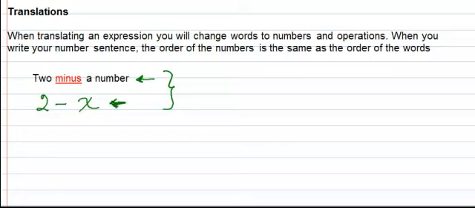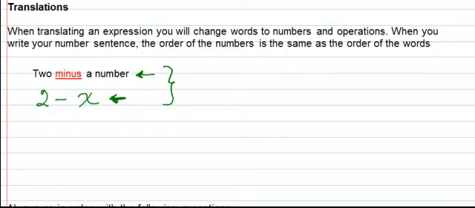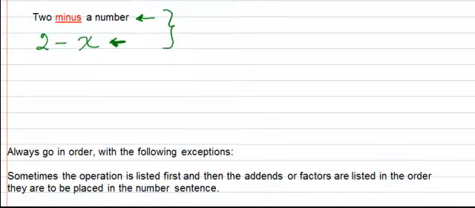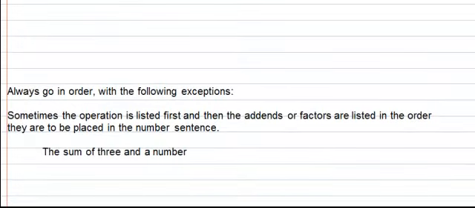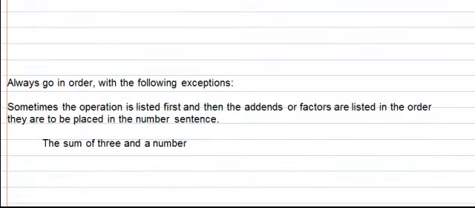Now that said, we start looking for things that are exceptions. And the first exception is this idea that sometimes the operation is listed first, and then the things that you're operating on are listed after that in the order that they're listed.